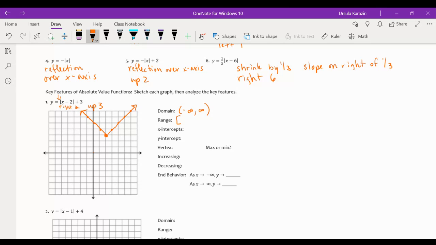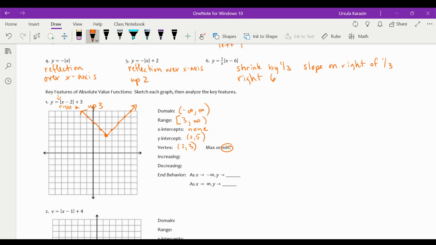And so the range for this one will start at 3 and go to positive infinity. And it does include the 3. That's a solid point. It doesn't have any x-intercepts. The y-intercept is 0, 5. The vertex is 2, 3. That is a min.